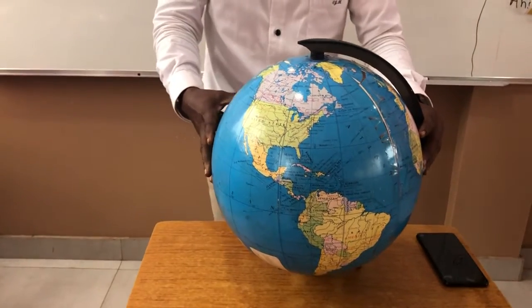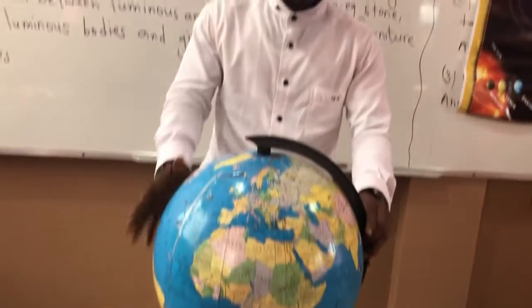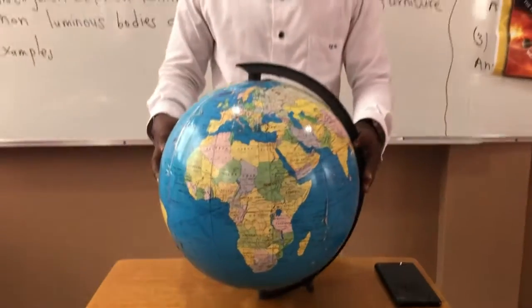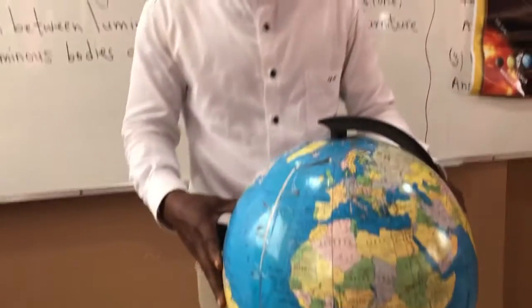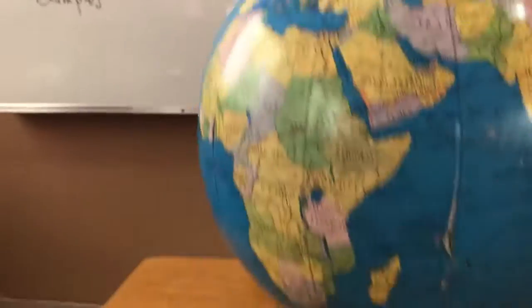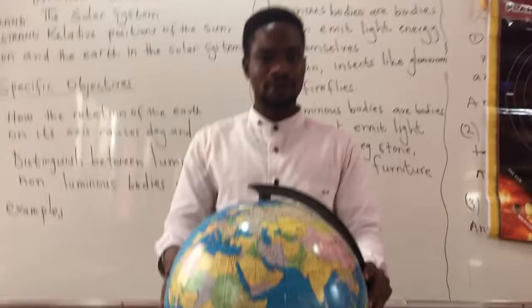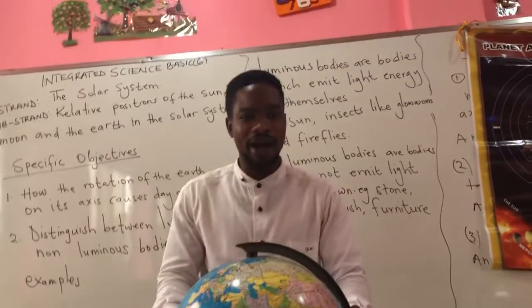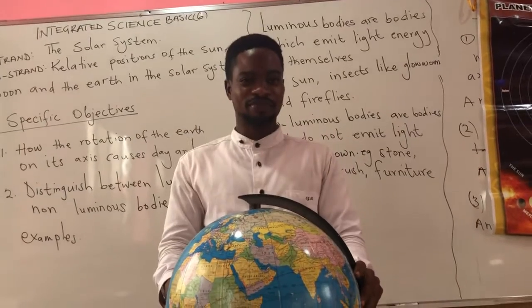The earth is like a globe where we have about 193 countries. Some are Ghana, Nigeria, Russia, Canada, America, and so forth.